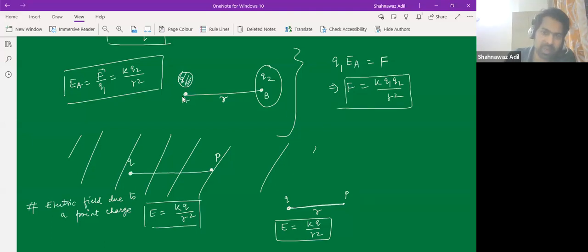Whenever we want to calculate the electric field at a particular point, we just consider the other charges and forget about that charge. Or we can say that we calculate the Coulomb force between these two charges and divide it by the charge on which we are calculating the electric field.